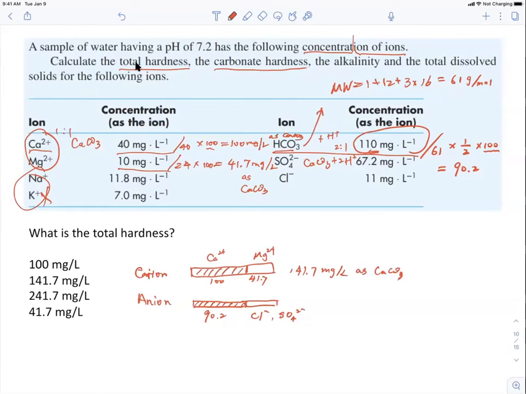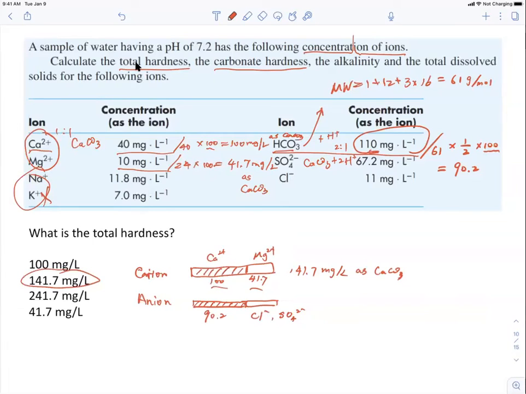All right, so now if I ask you, what is the total hardness? So the total hardness is a summation of all the polyvalent ions, right? So that's just going to be 100 plus 41.7. So that is 141.7 milligram per liter as calcium carbonate. So if I ask you, what is the carbonate hardness?